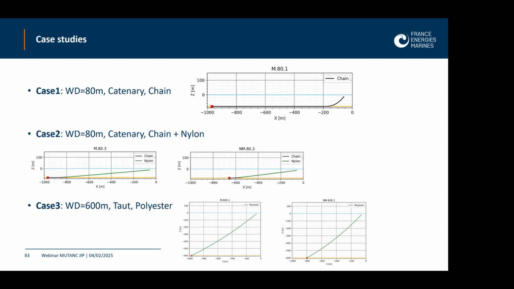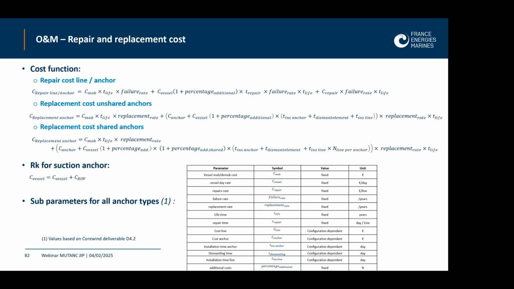For the replacement cost, for the unshared anchors, basically it will be based on a replacement rate that is taken into account, and for the anchor, we will consider also the installation time of the anchor, the dismantlement time, and the installation time of the line. And it will also be dependent on the cost of the anchor.